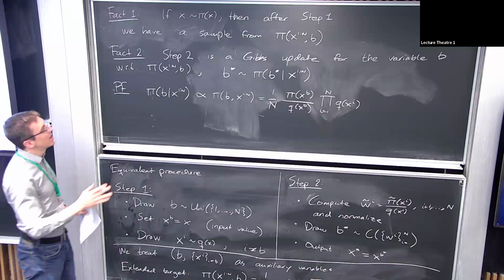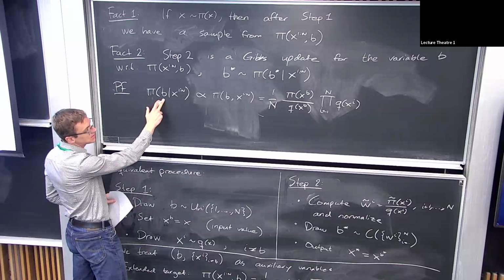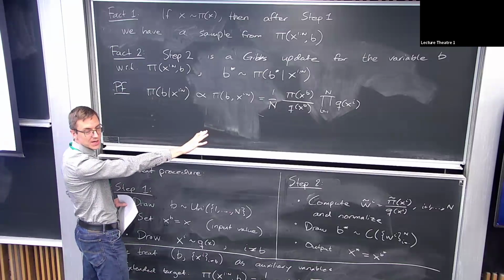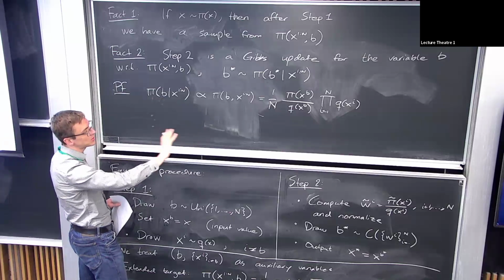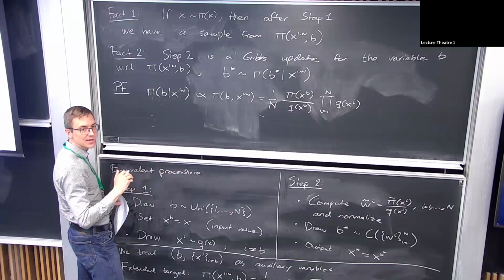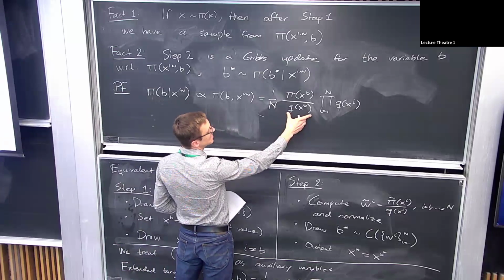Okay, but since we're now actually looking for a conditional distribution over B, we only have to care about the terms here that involve B. We're looking for this up to proportionality, and then we can normalize it to get this distribution. And B only appears in this part here.